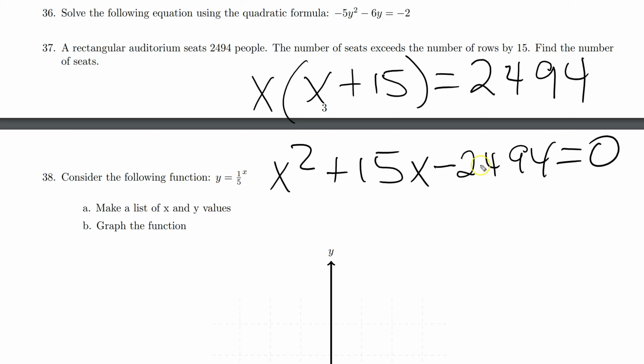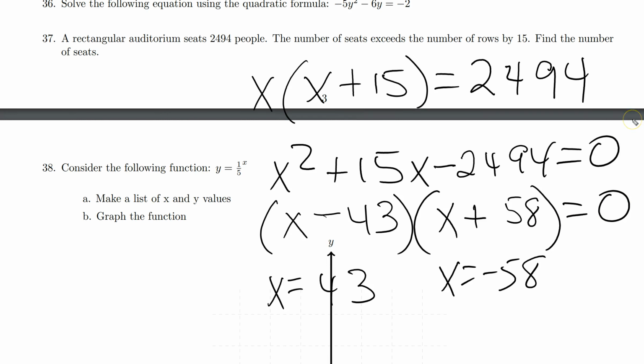Now, this is actually factorable, but spending the time to do it, depending how much time you have on your final exam, I have an easy way to factor it, so I'm going to just factor it using my special technique. If you factor that, these are the factors, equal each of them to 0.